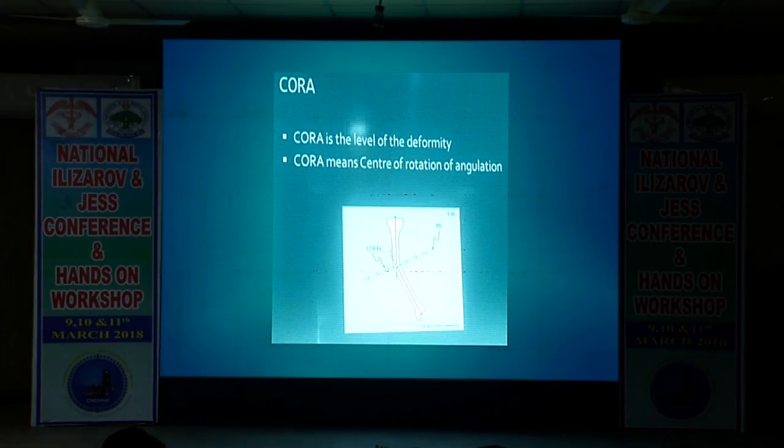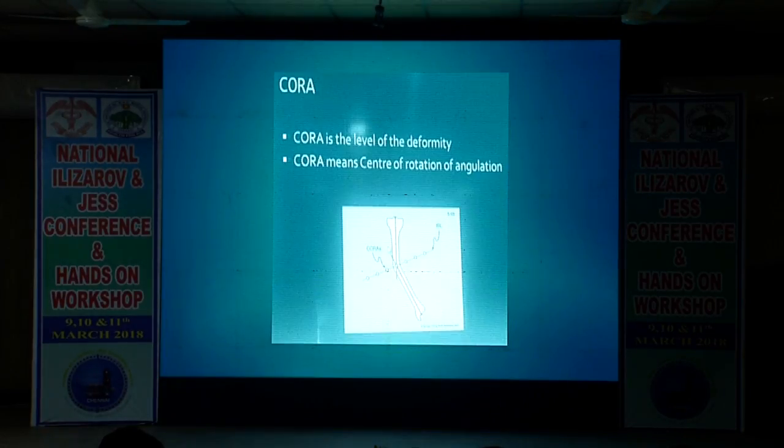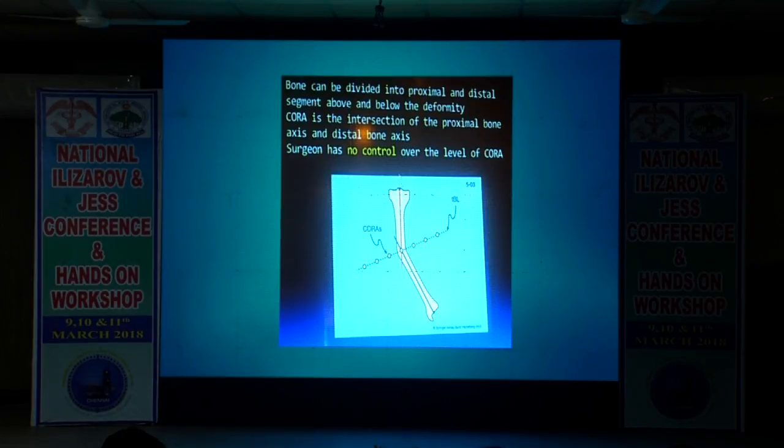So in this slide, for example, at the level itself, the CORA is the intersection of the proximal bone and the distal bone. And we have no control of the CORA in general.